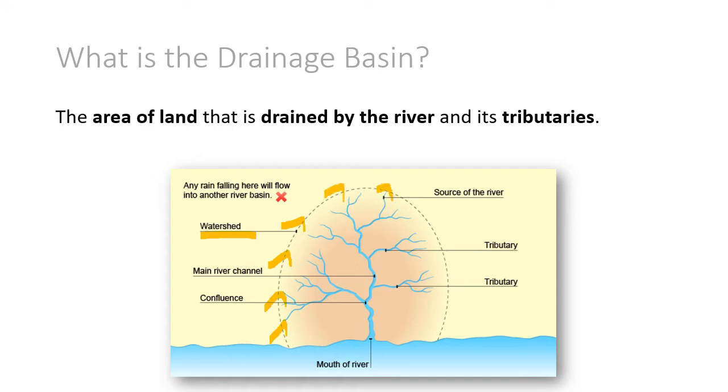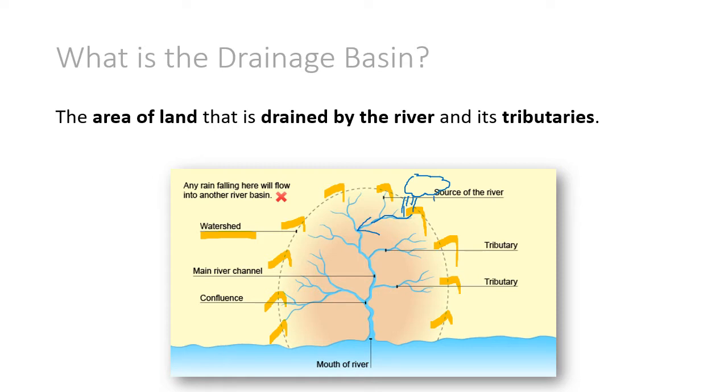So this sort of range of hills here marks the boundary of the river basin. So if there's any rain, and let's draw my rain cloud here, try and make sure it's blue. So here's my rain cloud. If there's any rain that falls this side of the hill, it's going to flow into this river.